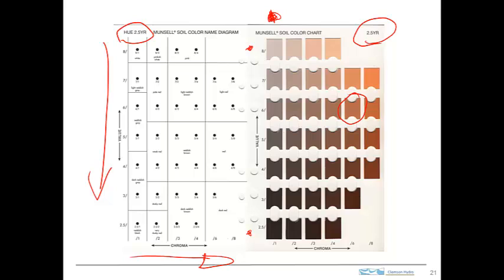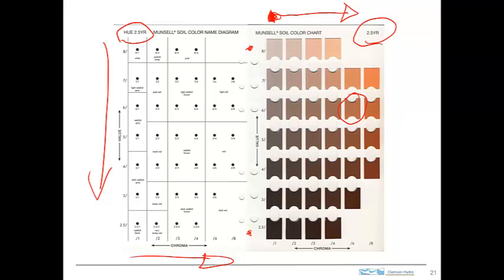On this end, this would be a small amount of the hue and a large amount of the neutral color, and then we get more strong proportions of the hue as we go in that direction. That's how this color matrix is laid out.